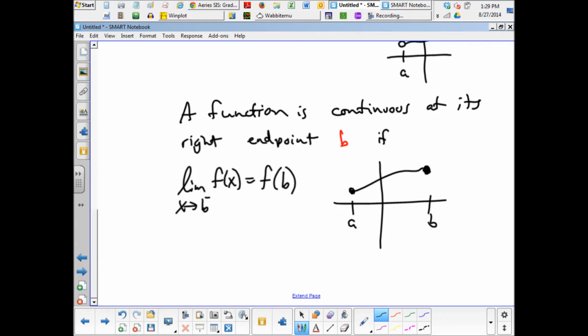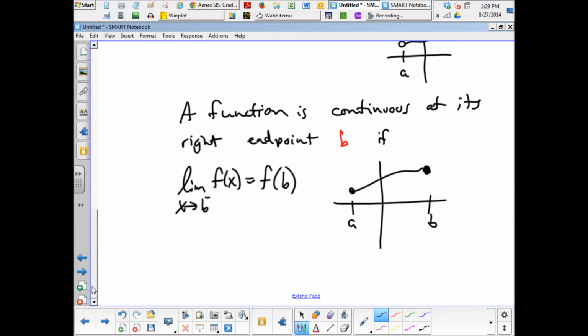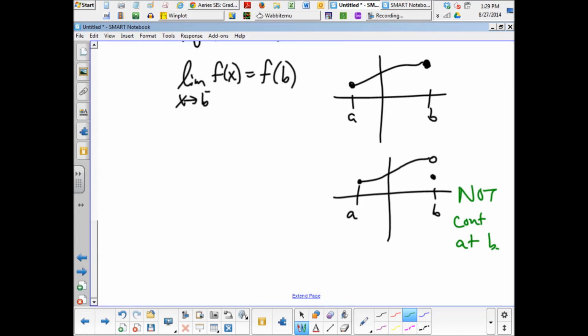So this one's a yes. If your graph looks like this, it's a no. Not continuous at b. Why?